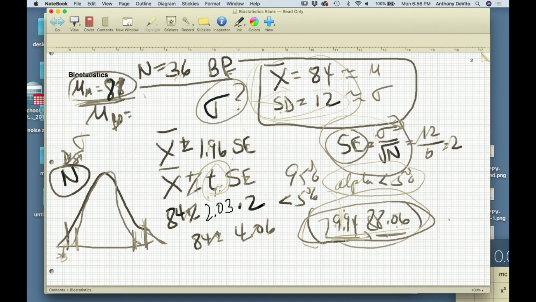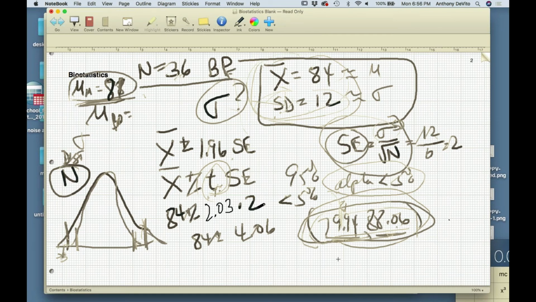That means there's more than a 5% chance that it could be 81. 81 is within that interval, right? So we want to make sure that what you're comparing it to is outside of that interval before you say that they're different, okay? With 95% certainty.